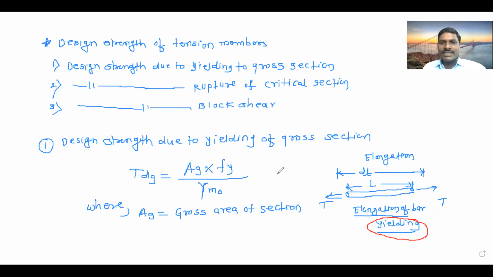Okay, so this is the first design strength, due to yielding of cross section, and how to calculate? Tdg is equal to Ag into Fy divided by gamma m0. So Ag is the gross area of the section.